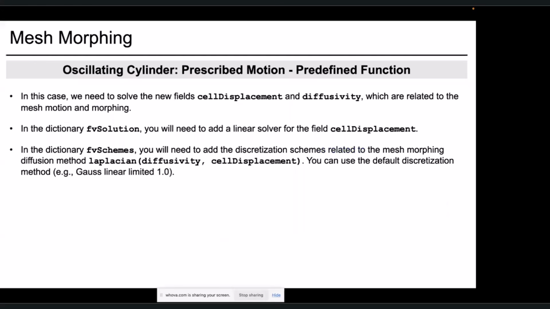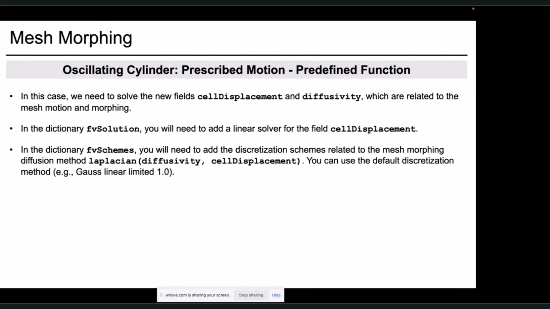Now, the last thing that we need to incorporate to run this moving body simulation is that we need to solve the new fields, cell displacement and diffusivity, for incorporating this mesh motion and morphing. For that, in the fvSolution file, we need to add a new linear solver for the field cell displacement.